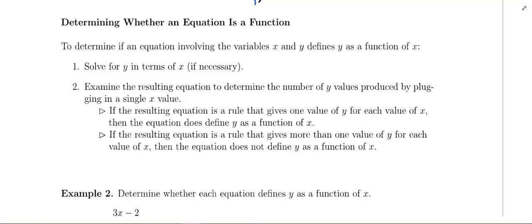Then you're going to examine the resulting equation to determine the number of y values produced by plugging in a single x value. If the resulting equation is a rule that gives one value of y for each value of x, then the equation does define y as a function of x. On the flip side, if the resulting equation gives more than one value of y for each value of x, then the equation does not define y as a function of x.